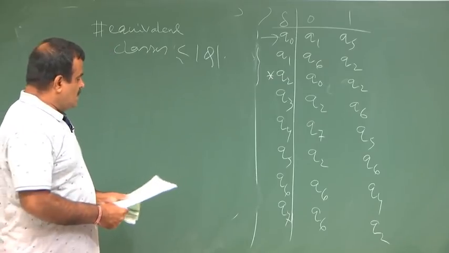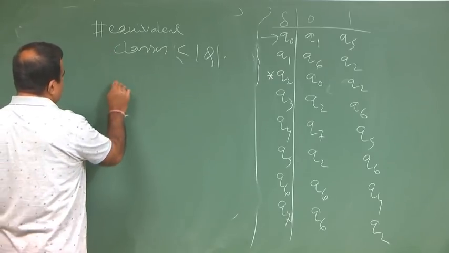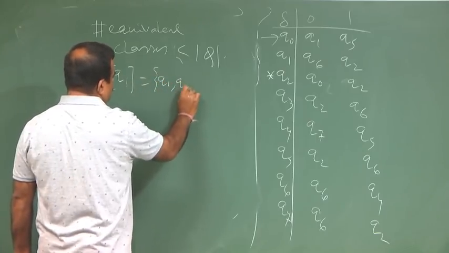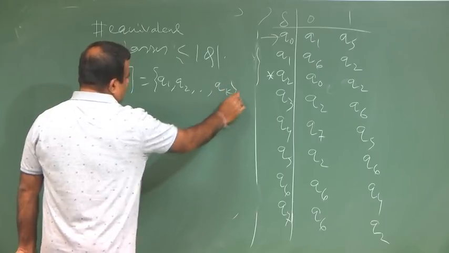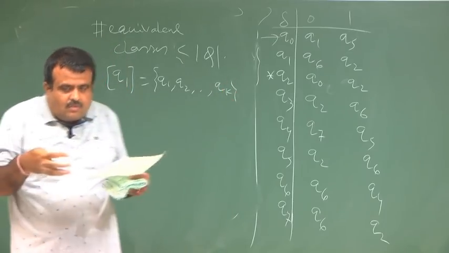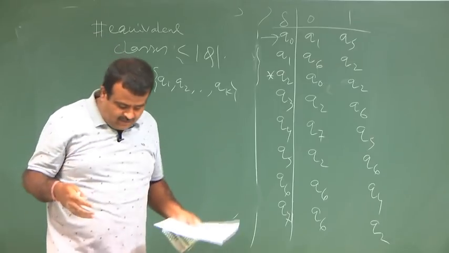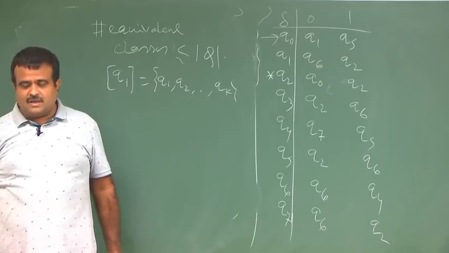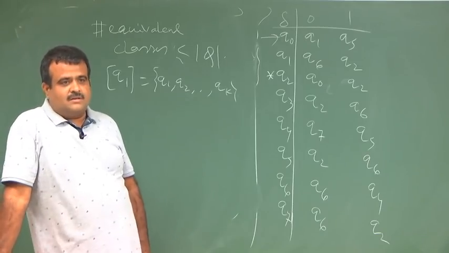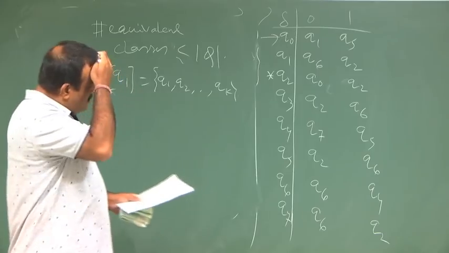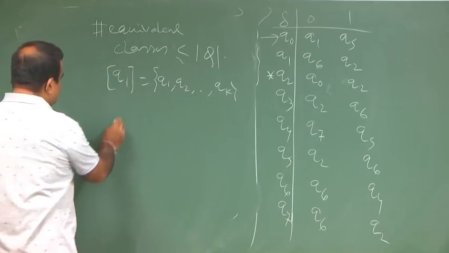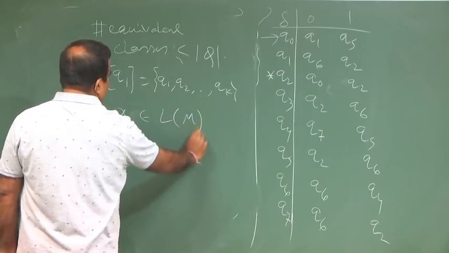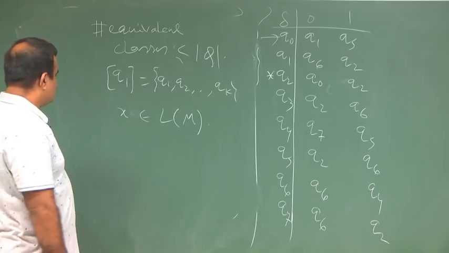Now, let us consider an equivalence class, say the Q1 class. Q1 class consists of, say, q1, q2, qk. Now, the concept is why we are merging and collapsing these and representing them as a single node in the minimization process. Let us consider a string x, which is an accepting string of the given DFA.